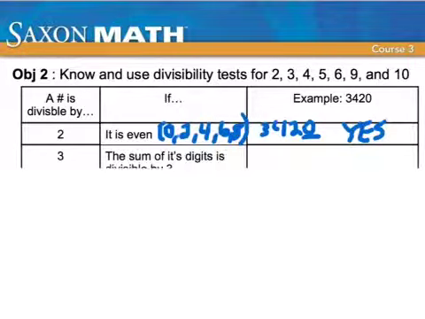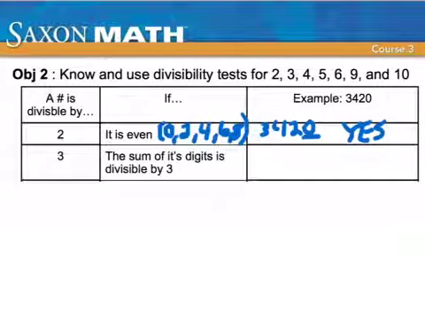Here's the rule for 3. The rule for 3 is if the sum of its digits is divisible by 3. Sum means to add, and digits mean all the numbers that are in the number. So we're going to add 3 and 4 and 2 and 0 together. 3 plus 4 is 7, plus 2 is 9, plus 0 is 9.